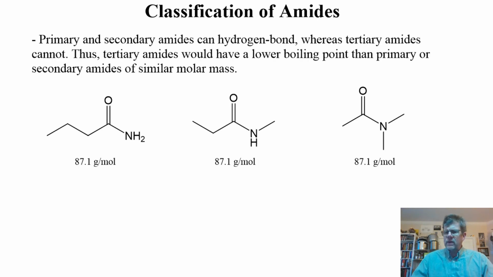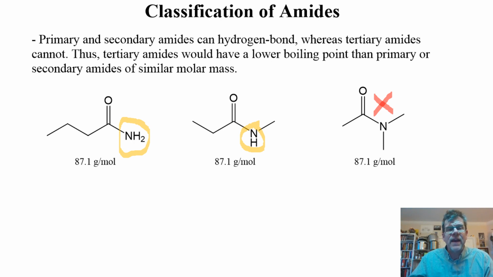Now, as with amines, while we get a difference in the intermolecular forces between them depending on what form they're in, we find that primary and secondary amides have NH bonds right there. But tertiary amides do not have NH bonds on them. Remember, NH bonds are hydrogen bonders, the strongest intermolecular force.